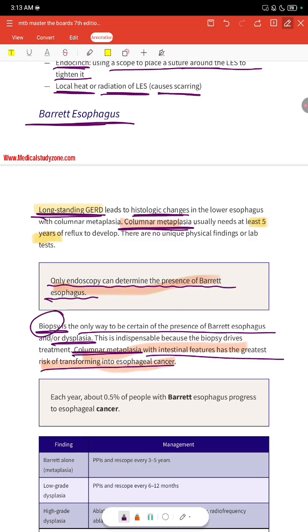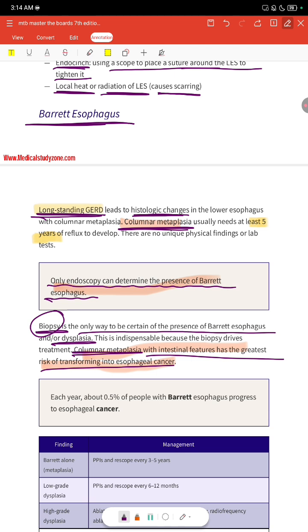Normally the intestinal features are there in the intestine, but here the normal histology is changed due to long-standing GERD, and the histological changes bring about columnar metaplasia, which usually needs at least 5 years of reflux to develop.